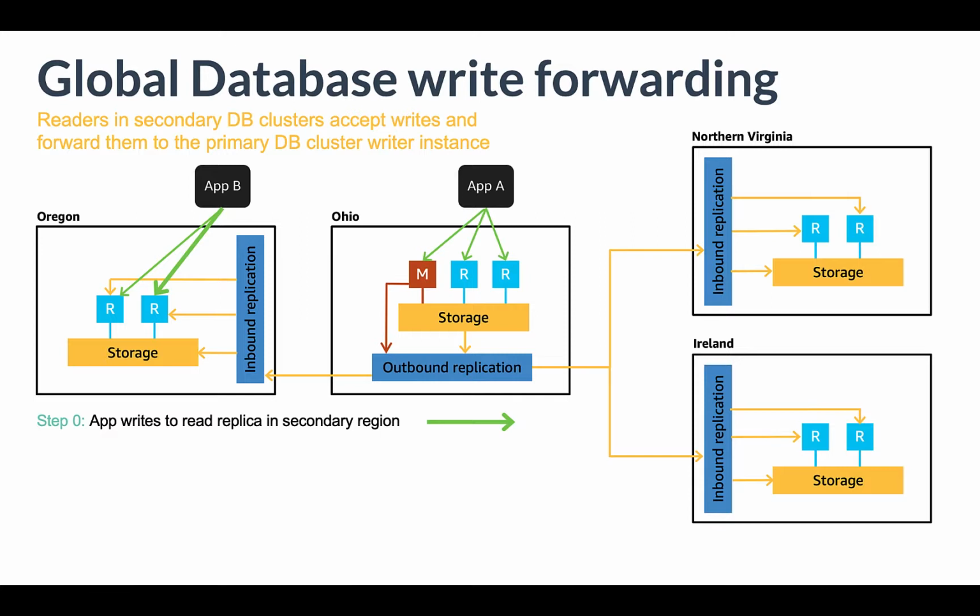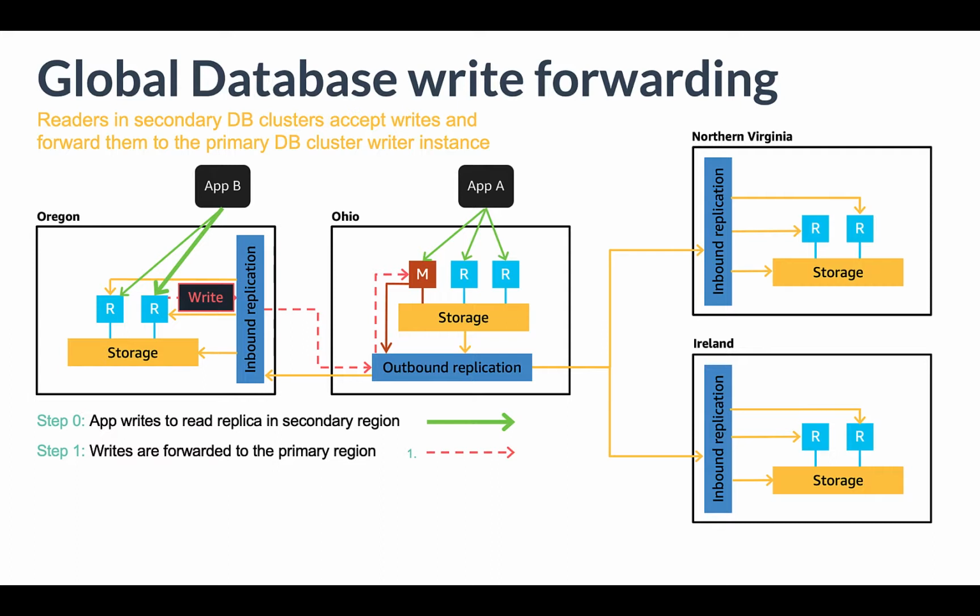So app B writes something in the secondary region. Aurora forwards those SQL statements, along with the session context necessary to execute the statements, to your primary region cluster, where we establish a connection, then execute on the primary region instance.